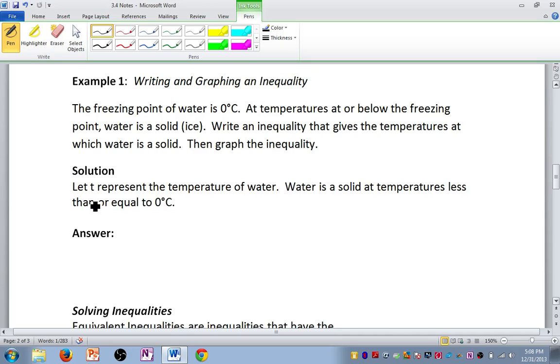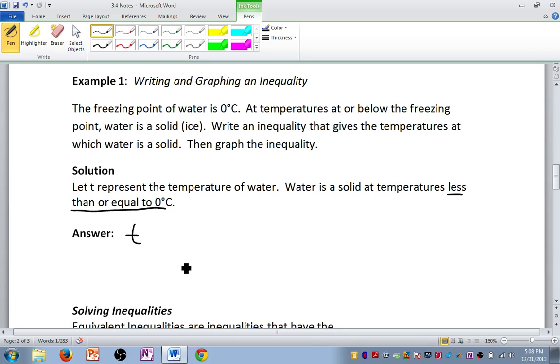So for our solution, we're going to let T represent the temperature of the water, and it's telling us that water is a solid at temperatures less than or equal to 0 degrees. So when we write our solution, we're going to use our variable T, and it tells us that our temperatures are less than or equal to 0 degrees.